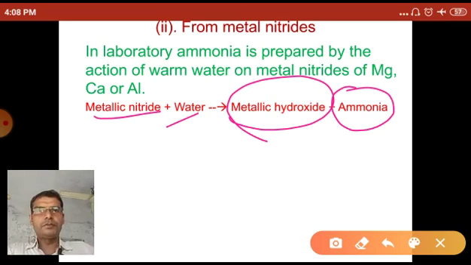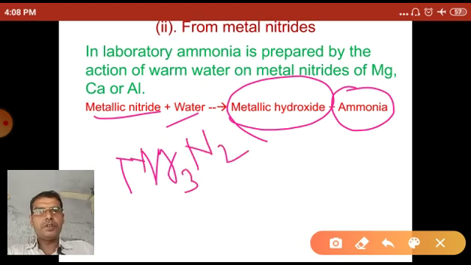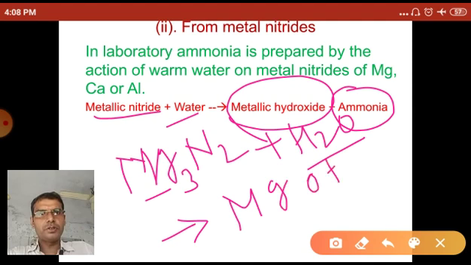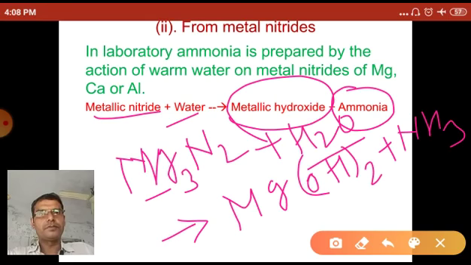For example, when magnesium nitride Mg3N2 reacts with water H2O, hot water or steam, it produces magnesium hydroxide Mg(OH)2 plus NH3. So ammonia gas can be prepared from metal nitrides by the action of warm water.